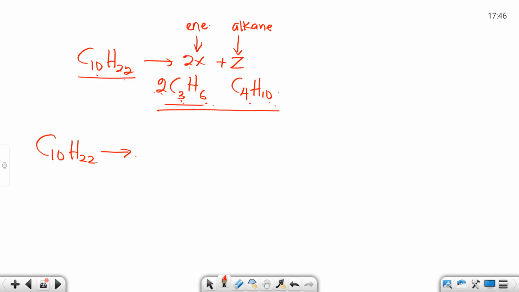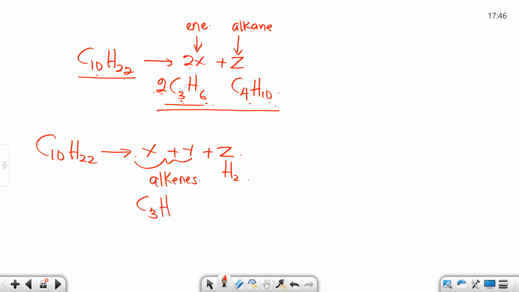All right. If the examiner tells you X plus Y plus Z, automatically there's hydrogen now. Okay? All right, so hydrogen. These 2 will have to be alkenes. Let's try.